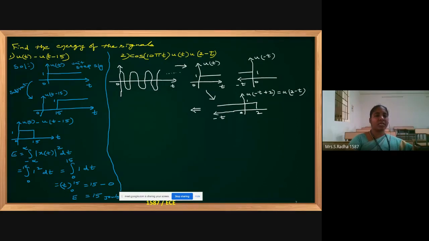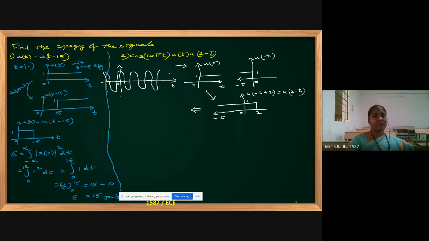Cosine you can extend on the negative side also, but when you multiply with u of t, it exists only on the positive side. And here, the diagram exists on the negative side, but on this side it is 0. All the three signals you are multiplying, so 0 into anything is 0.